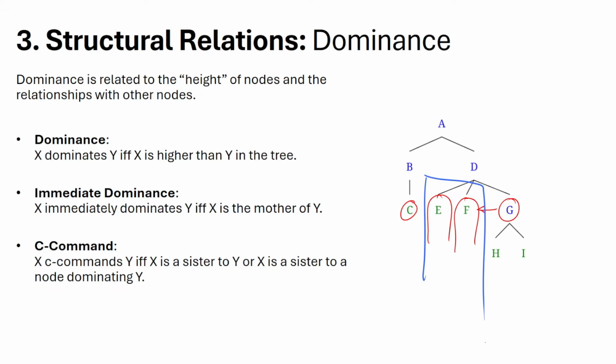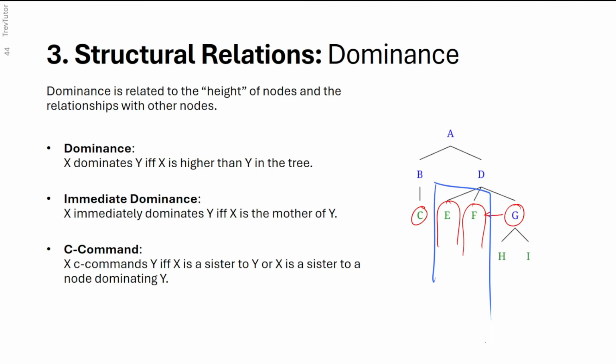So C is not C commanded by G, because C is not a sister of G or the daughter or any child of the nodes that G is a sister to. So in this case, C command is just basically a sistership relation plus everything underneath. It's kind of like the case of nephews or nieces or grandnephews or grandnieces, if you're thinking about familial relationships.